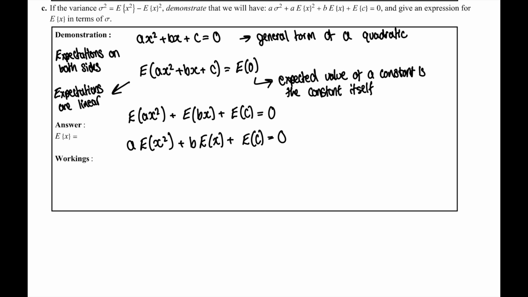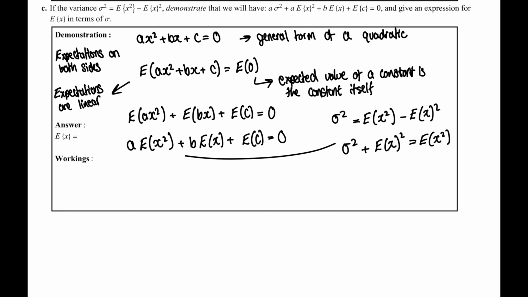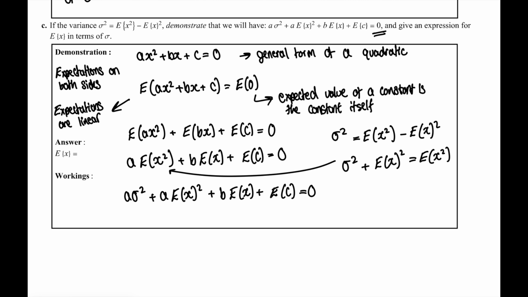What I'm now going to do is rearrange our variance equation to make E[x squared] the subject. When I do this, I get sigma squared plus E[x] all squared is equal to E[x squared]. And if I now substitute this in here, we get a sigma squared plus a (expected value of x) all squared plus b (expected value of x) plus the expected value of c is equal to 0, which is what they wanted, so we've demonstrated that.